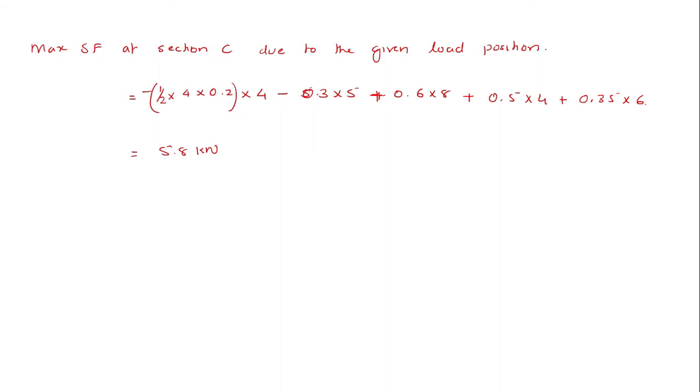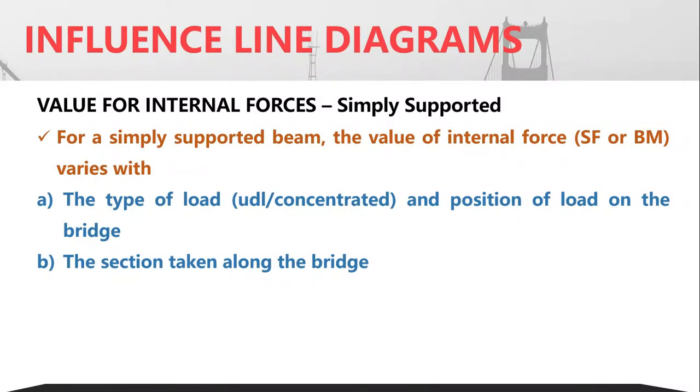We shall go on to the next topic, value of internal forces. Now I told you earlier that the value of internal forces, whether it is bending moment or shear force, depends upon the position of the corresponding loads on top of a beam. In the earlier question, the position of loads was given at a particular point, and then we were asked to find the corresponding value of bending moment and shear force at a section.